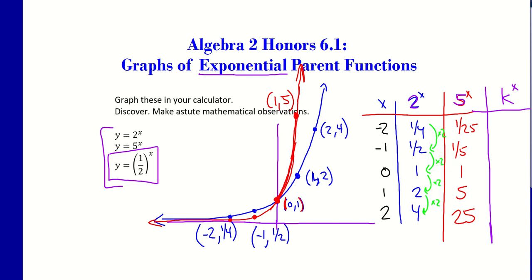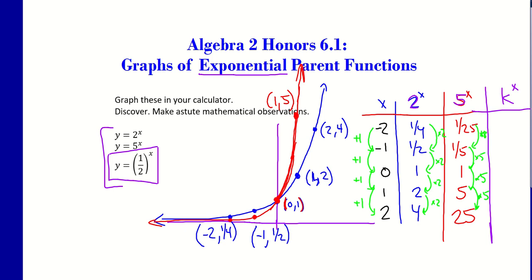So to get from 1/2 to 1, or 1 to 2, or 2 to 4. And then in the 5 to the x column, to get from 1/25 to 1/5, I'm multiplying by 5. To get from 1/5 to 1, I'm multiplying by 5, etc. The x's, I'm simply adding 1 every time. So the x's are being added, but for the y's, the pattern created is multiplication.